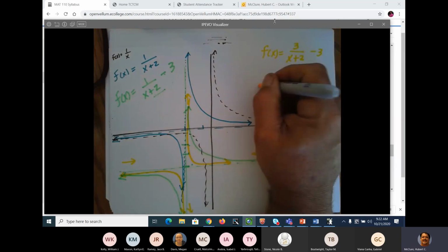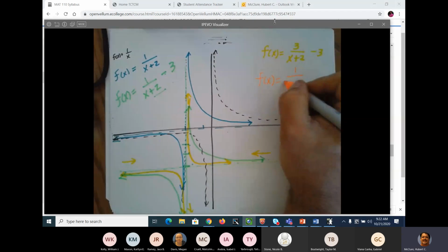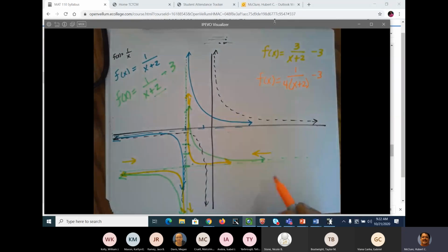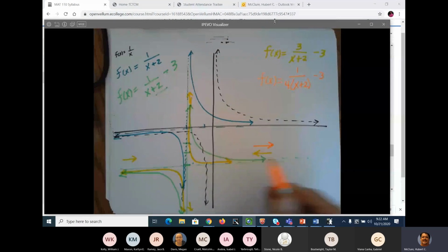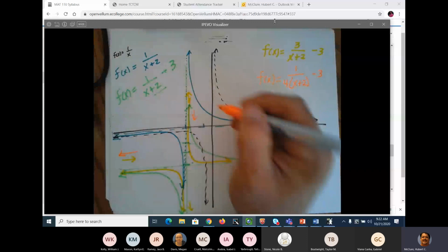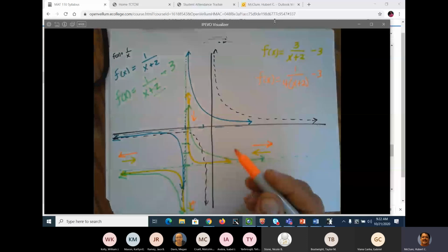F of x is equal to 1 over 4 times x plus 2 minus 3. Well, now the same graph that was green is now going to be stretched along the x-axis and compressed along the y-axis. So now it's going to look like this.